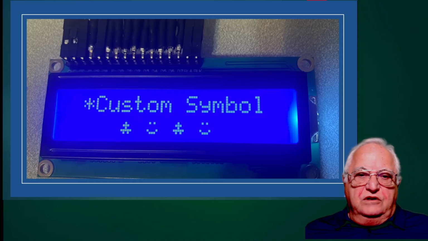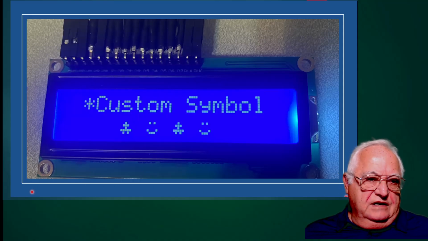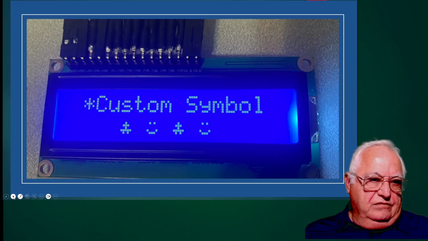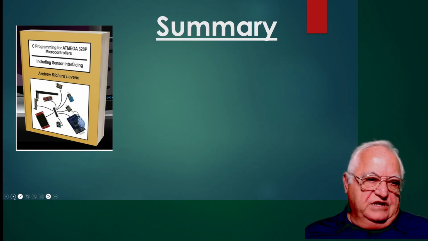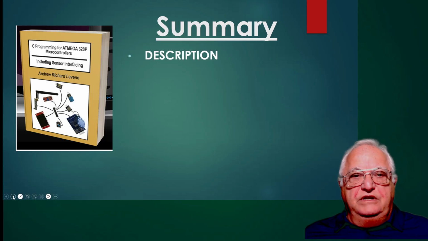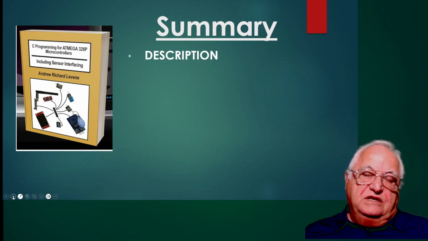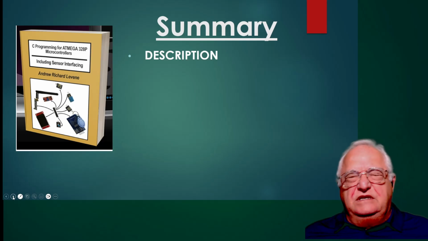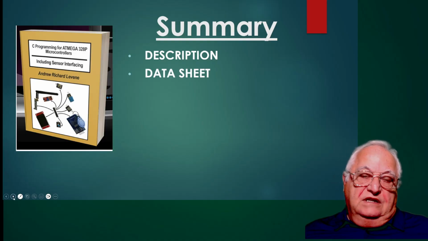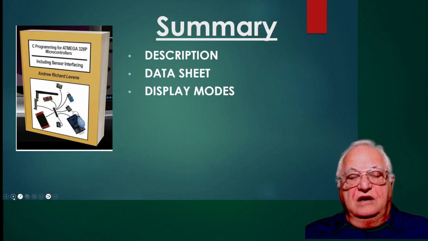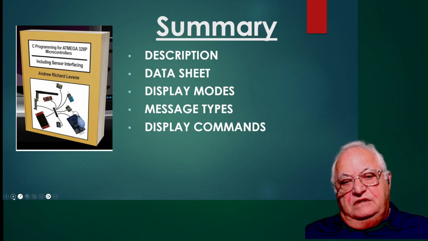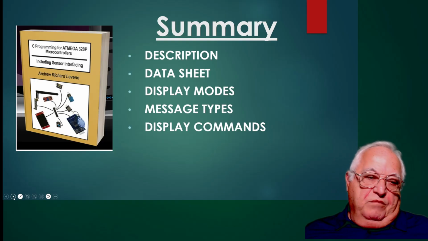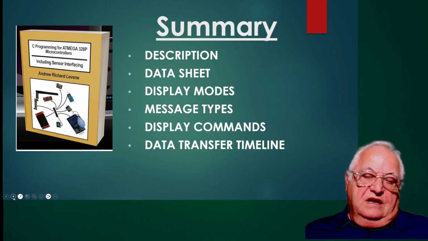Okay, so let's continue. We finally got to the summary. So what we did today, I gave you a description of this 16:2 display. We looked at the data sheet. We looked at the display modes, message types, display commands, data transfer.